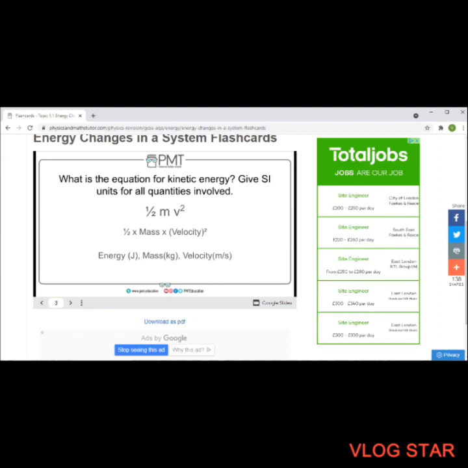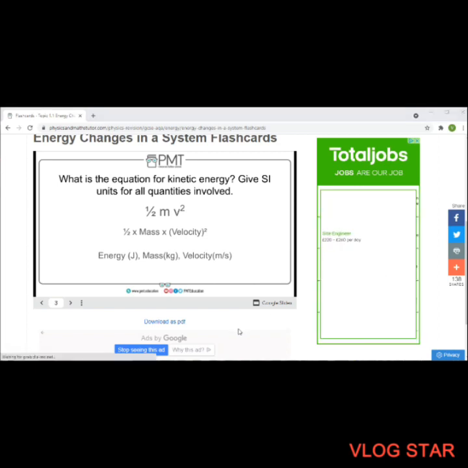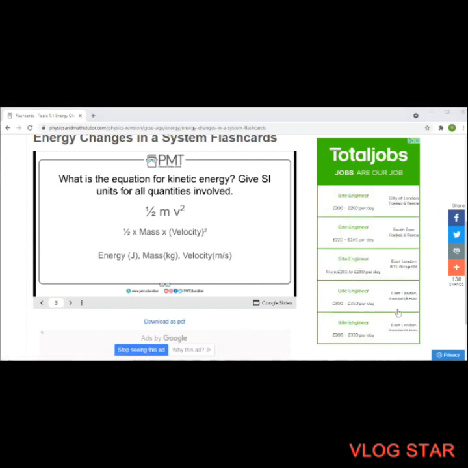So I'm going to take us to the screen where we're going to solve that question, how to calculate the kinetic energy. Kinetic energy is given by half mv squared. According to the question, the mass is 50 kg and our velocity is 5 meters per second.